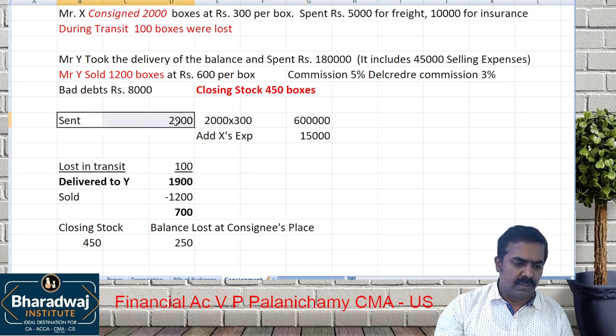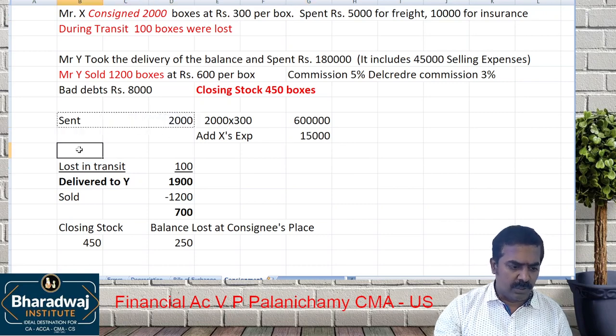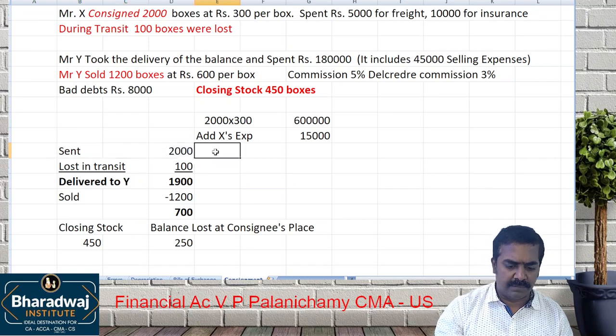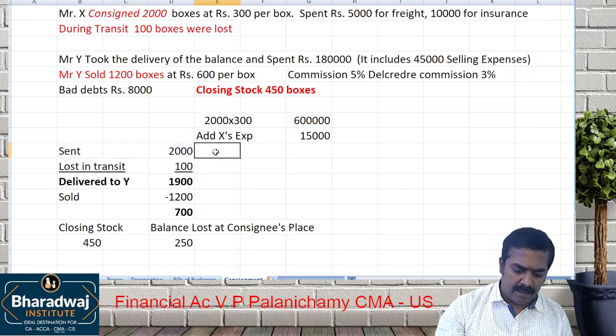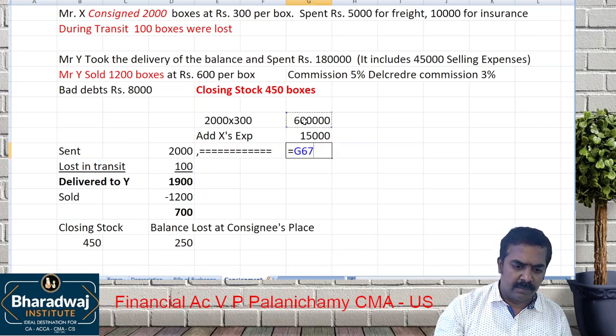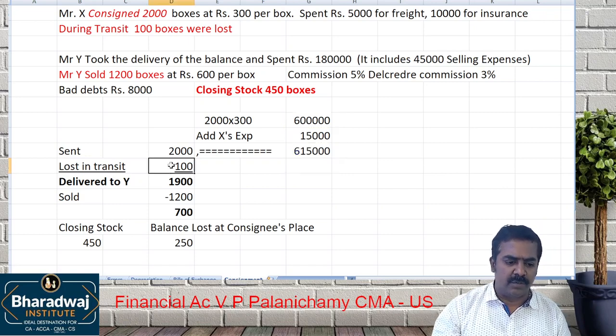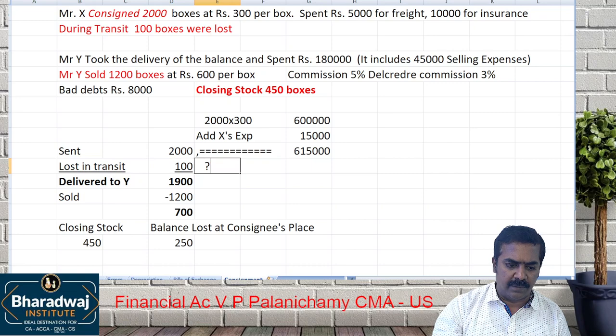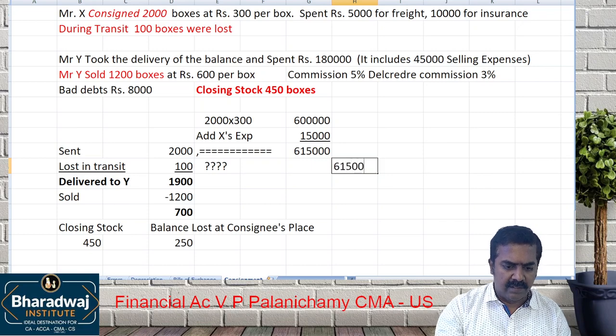So the total value of the 2000 boxes is 6 lakhs plus 15,000, that is 6 lakhs 15,000. Then what is the value of the loss in transit? Very simple.